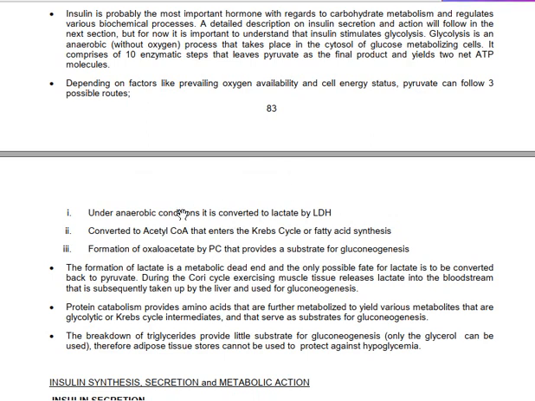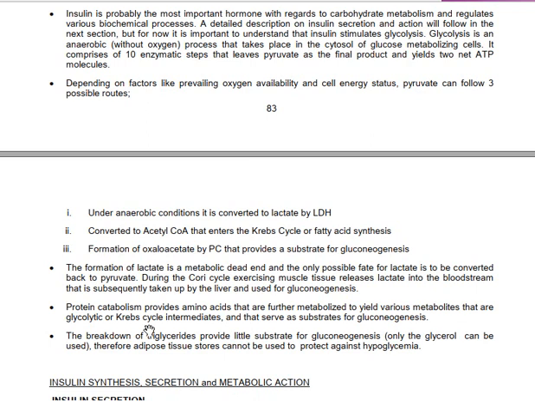In the case of the Krebs cycle, pyruvate is converted to acetyl-CoA in order to enter the Krebs cycle. It can also be involved in the formation of oxaloacetate by pyruvate carboxylase, which is a substrate of gluconeogenesis.